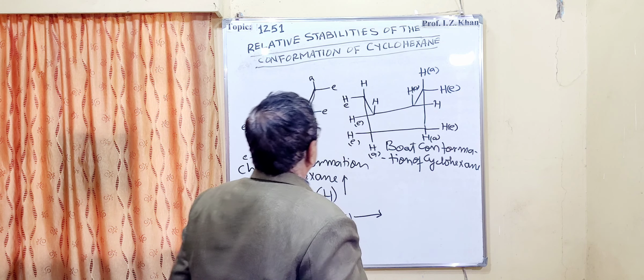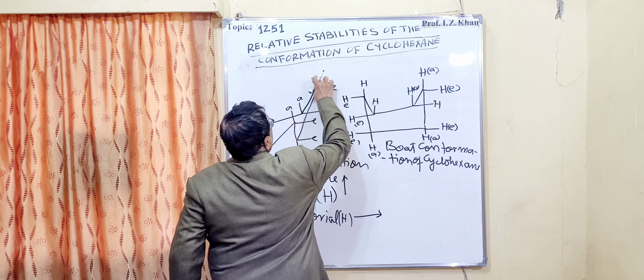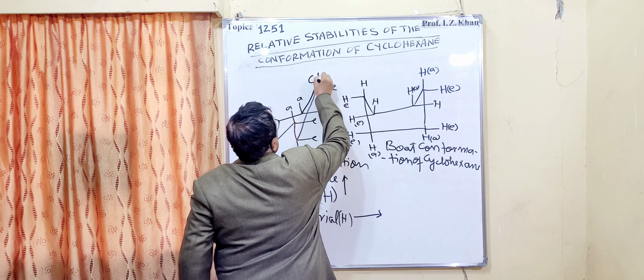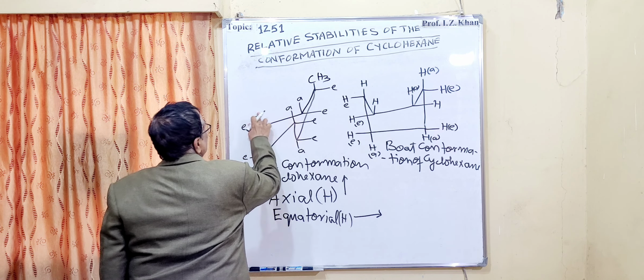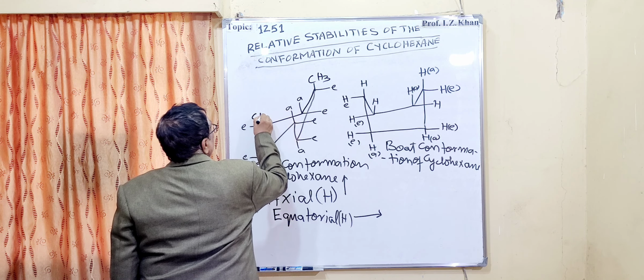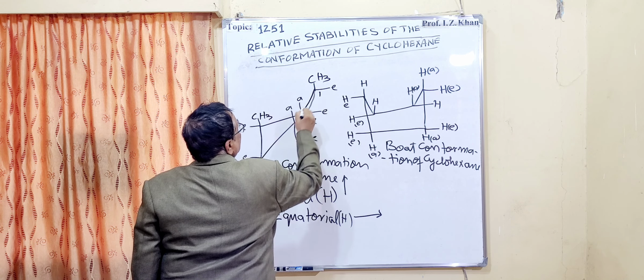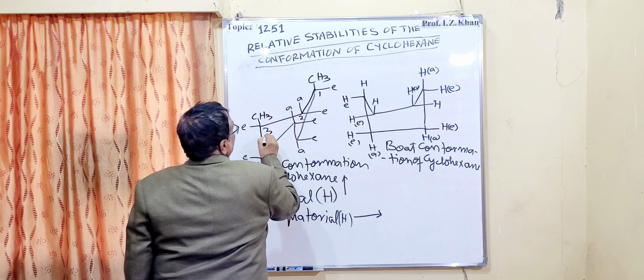For example, suppose there is CH3 in chair form and another CH3 is here. So 1, 2, 3.